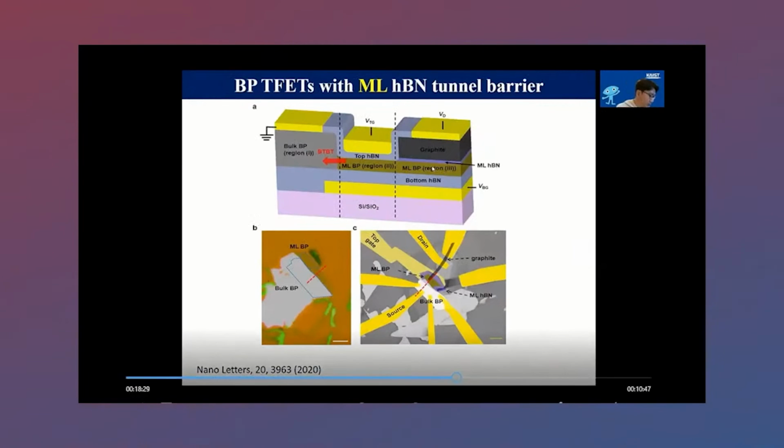And we use the monolayer, the ultra thin HBN. In the previous result, we used 2 or 3 layers of HBN. Now we reduce the HBN between the graphite and the monolayer BP to monolayer HBN.